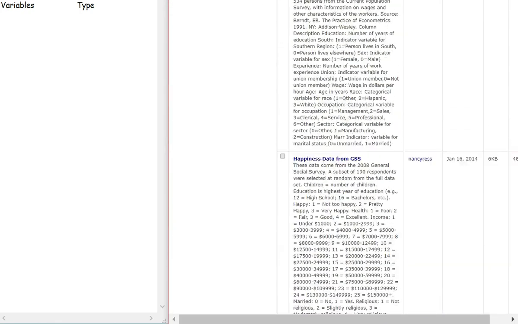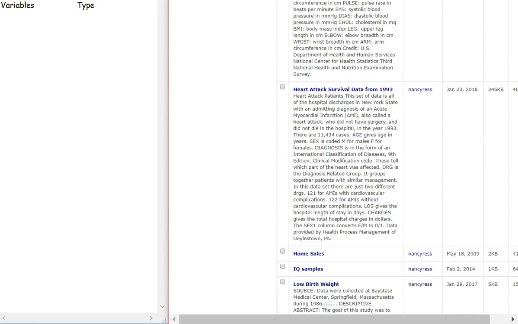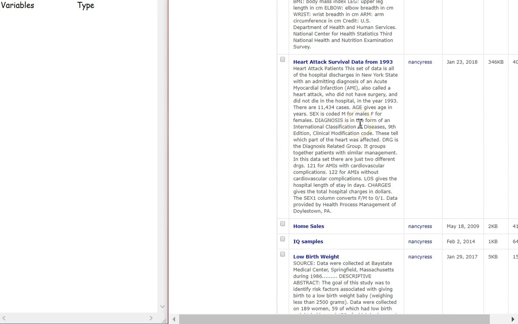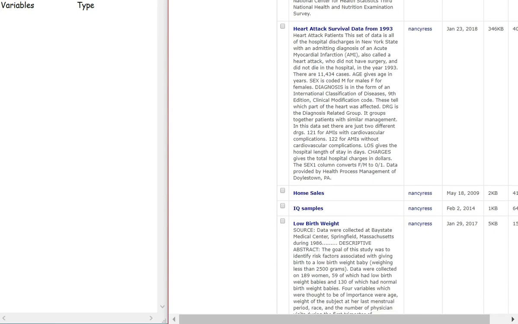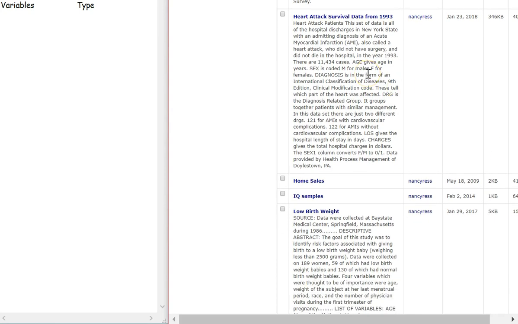The first one we're going to look at is heart attack survival data from 1993. If you look at the description of this data set, this will tell you a lot about the different variables in the data. For one thing, it tells you what this data actually is, where it came from.